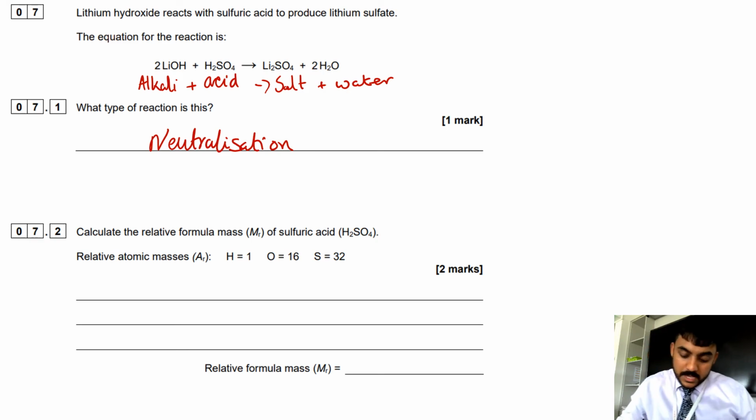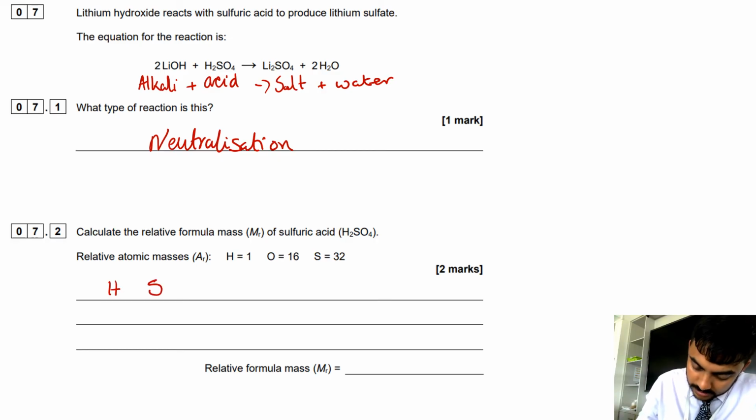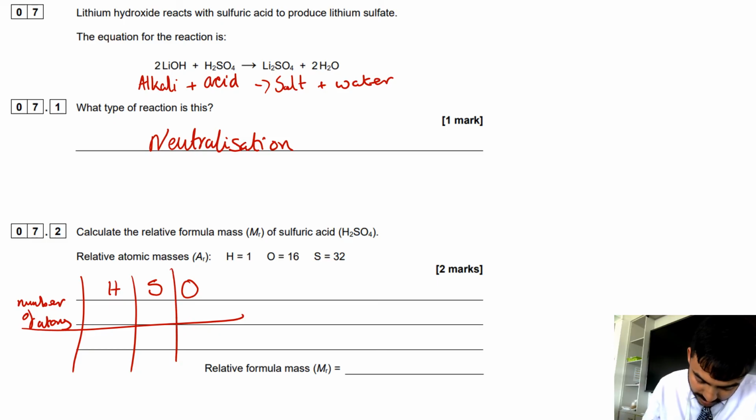Next, calculate the relative formula mass of sulfuric acid. Quite simple. We have been given H2SO4, and we've already been given the masses of each of the elements. Simply, we have hydrogen, sulfur, and oxygen, and the number of atoms and mass.